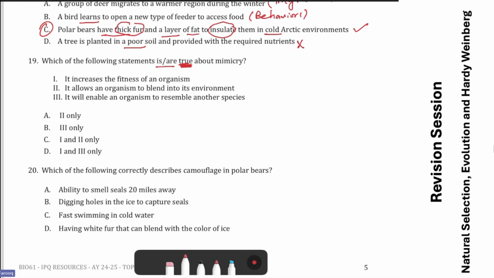Which of the following statements is or are true about mimicry? We need to find the true ones. Mimicry increases the fitness of an organism. Yes, of course, it helps in fitness. Correct. Then, it allows an organism to blend. Yes, blending. No, wait.